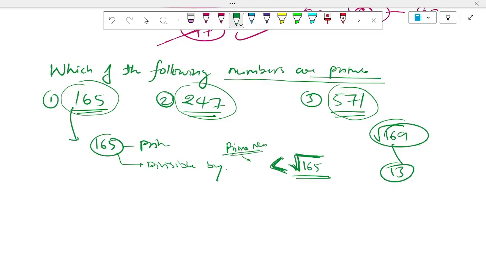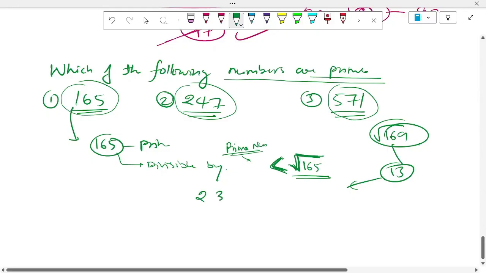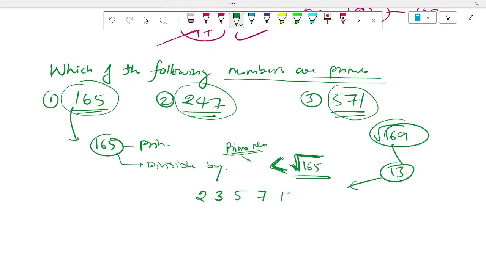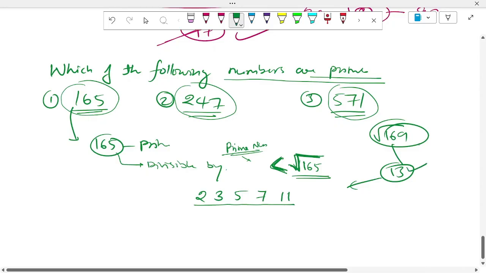So what are the prime numbers less than 13? I have got 2, 3, 5, 7, and then 11. Right? These are the prime numbers less than 13. You need to check whether this number is divisible by only these few prime numbers.